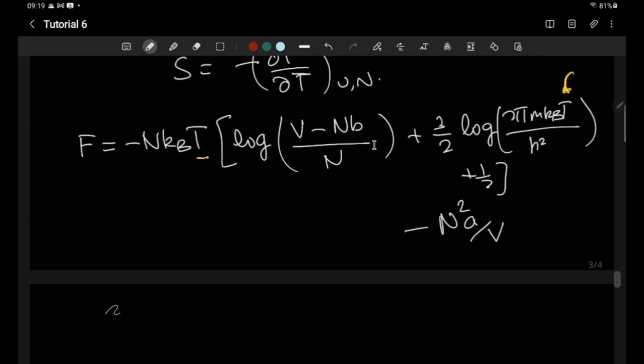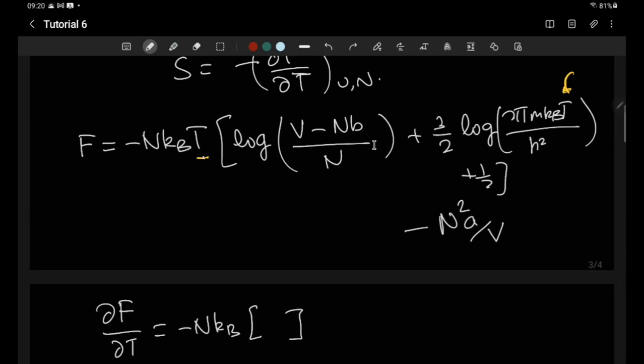So we need to compute df by dT. It is minus n kB into the object in the square brackets, taking this derivative. Of course, this term is independent of T, so it doesn't contribute.